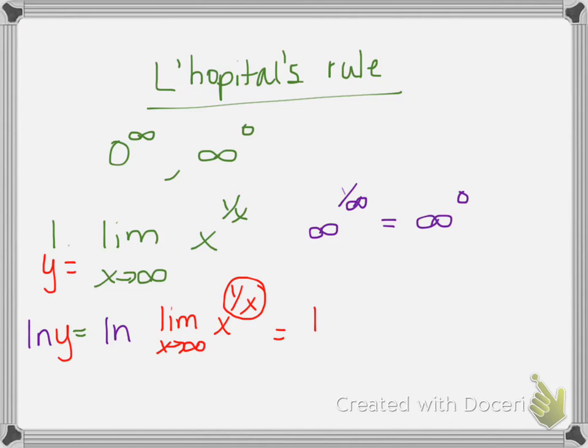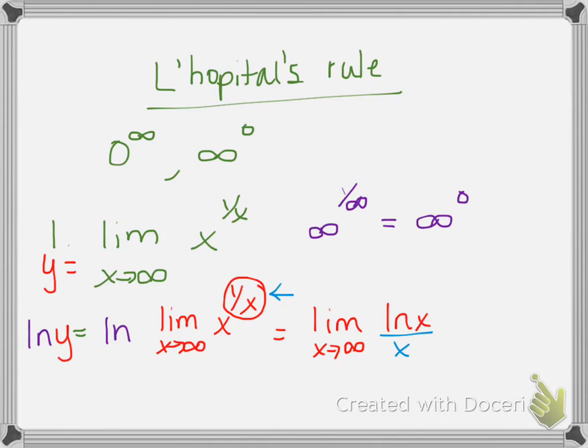Actually, what you can do with the limit and natural log is you can switch them. If you're taking the natural log of the limit, you can put the limit outside, so that's what I'm going to do. I'm going to make it easier to see. So natural log of x, and then when I bring down this 1 over x, I'm multiplying the ln of x times 1 over x. Basically, I'm just putting it over x.